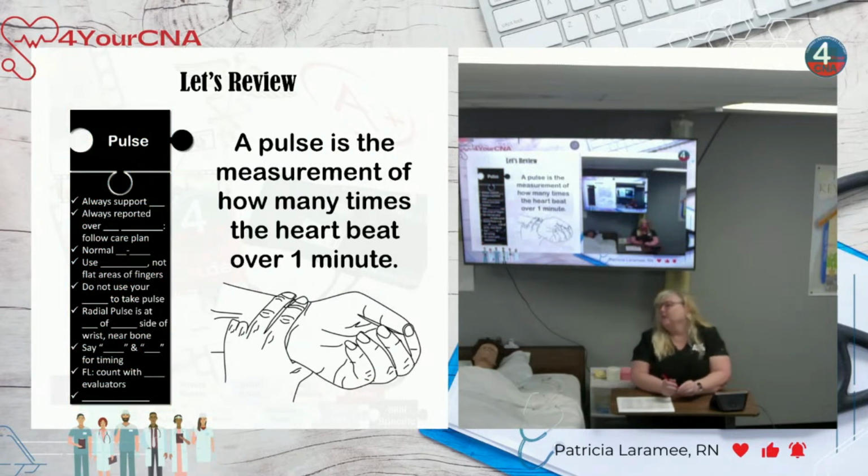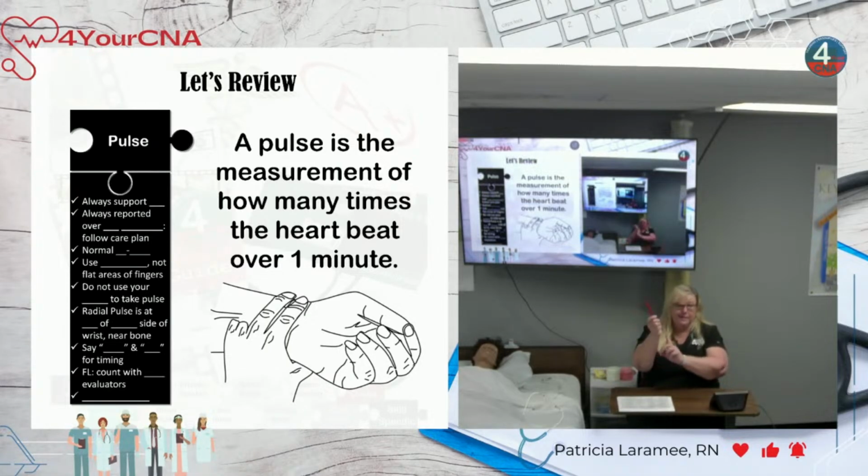All right. We learned how to take a pulse. A pulse is simply a measurement of how many times the heart beats over 1 minute. Normal is between 60 and 100. What finger can you not use to take a pulse? Thumb. Where is a radial pulse located? At the wrist, at the top of the wrist by the thumb.